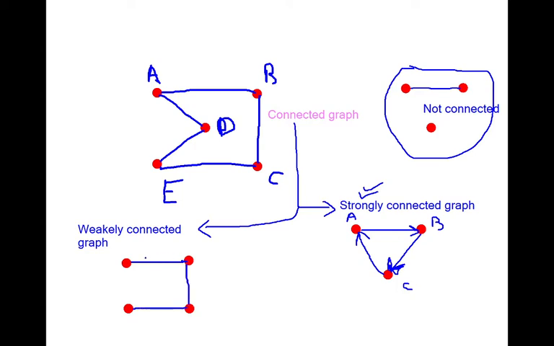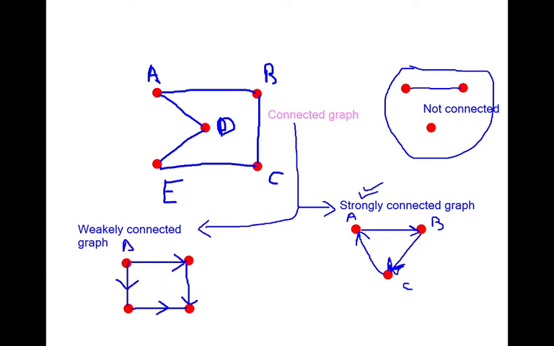Now, if you see here, from this node we go here. Let me connect this as well. From this we can go here, and let me set the directions on these edges like this.